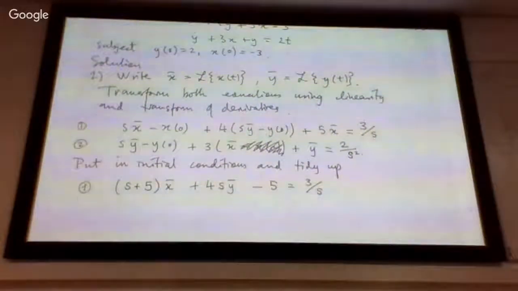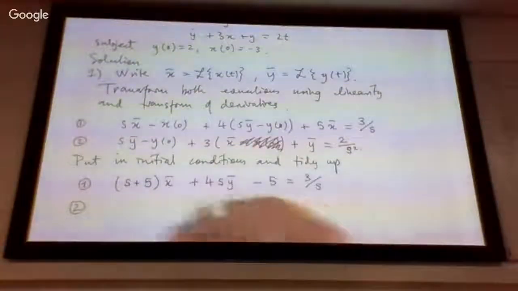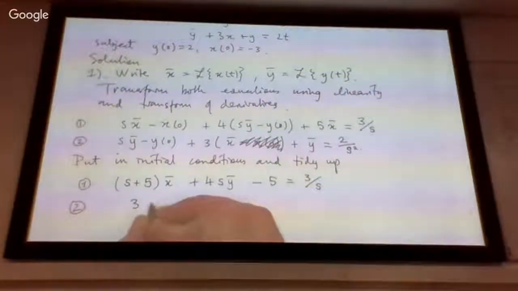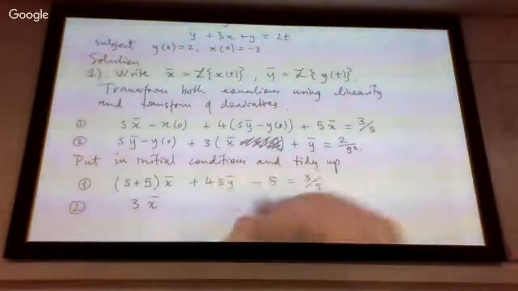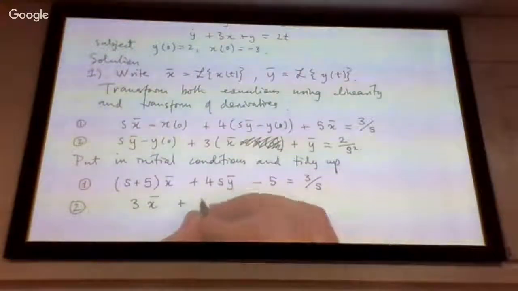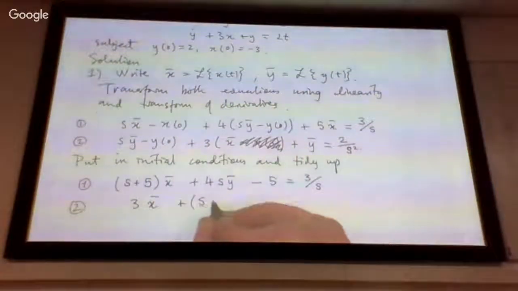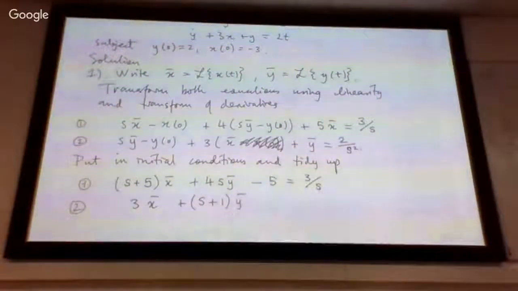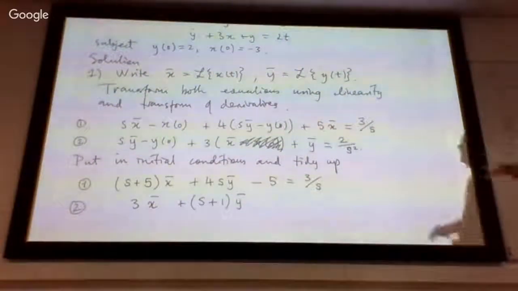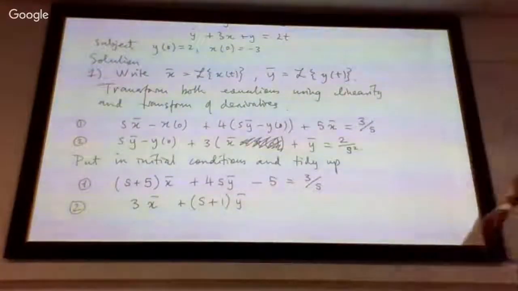So just putting in the initial conditions, tidying up. How many x bars? We've got 3 x bar. y bars, we've got s plus 1. Constants, we've got just minus 2.